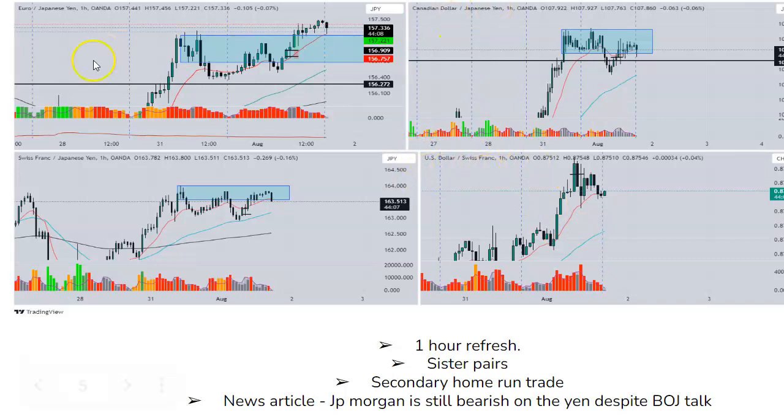That has nothing to do with the yens, so we're going to ignore that one. I do apologize, but we can clearly see we have a 1 hour refresh on these sister pairs, and we're setting up for a secondary home run trade. And here it is, the news article: JP Morgan is still bearish on the yen despite BOJ talk. So you can clearly see we have a refresh here, a refresh here, a refresh here.